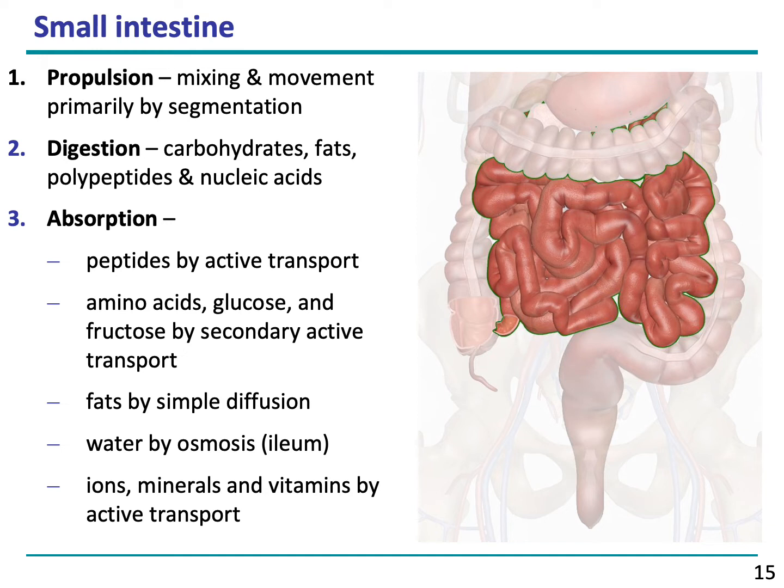It's going to absorb amino acids, glucose, and fructose by secondary active transport. It's also going to be absorbing fats by simple diffusion. It's also going to absorb water by osmosis. And it's also going to absorb ions, minerals, and vitamins by active transport.